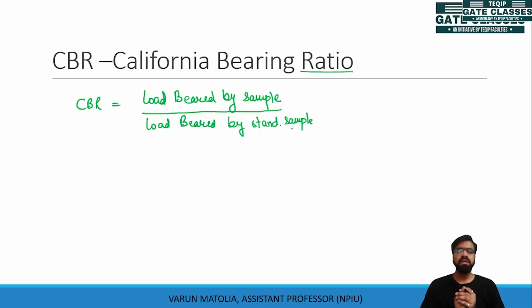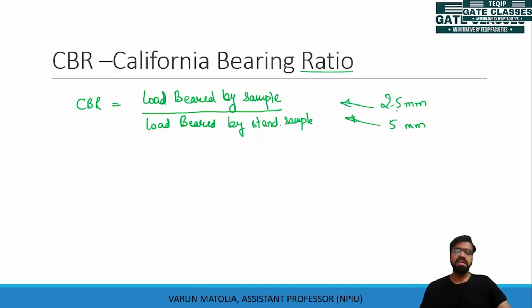What is done in a prepared sample, a plunger is used to apply some load, and for different settlements these loads are measured. For two values, 2.5 mm settlement and 5 mm settlement, these ratios are calculated.